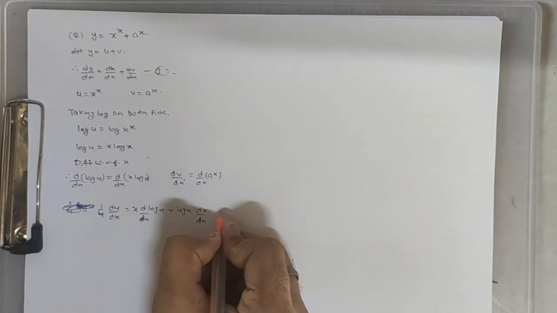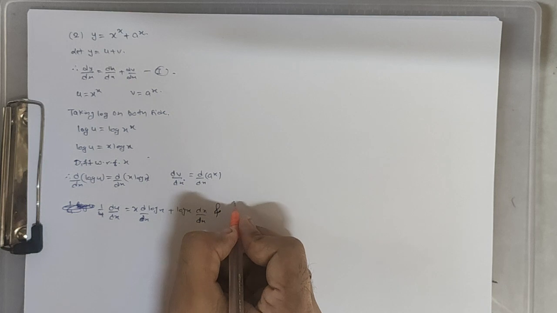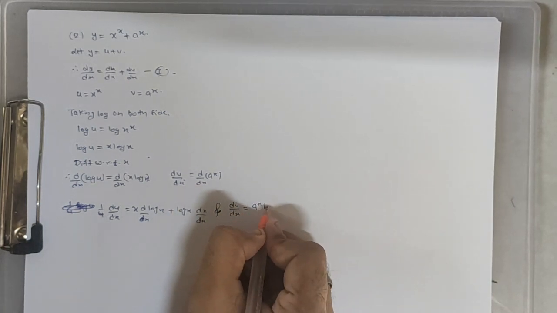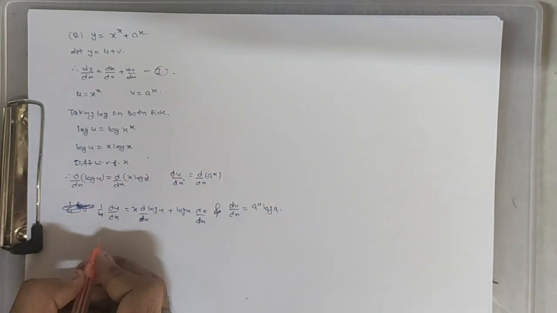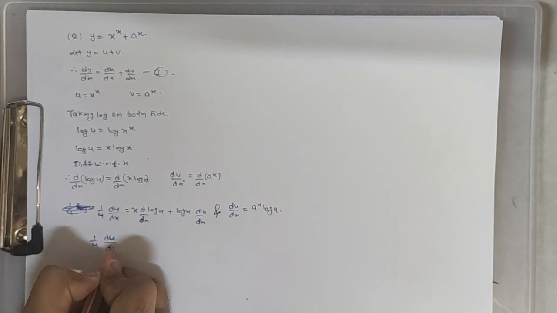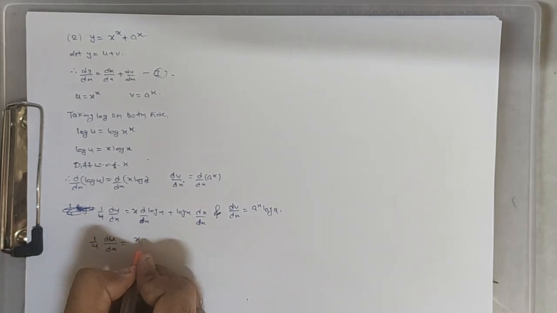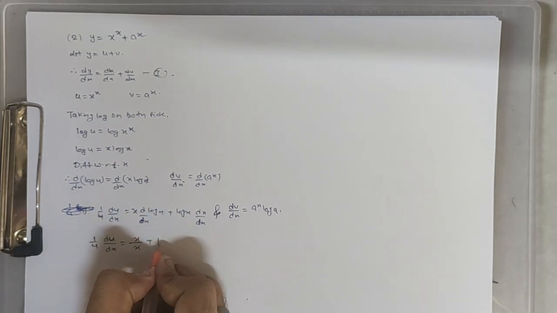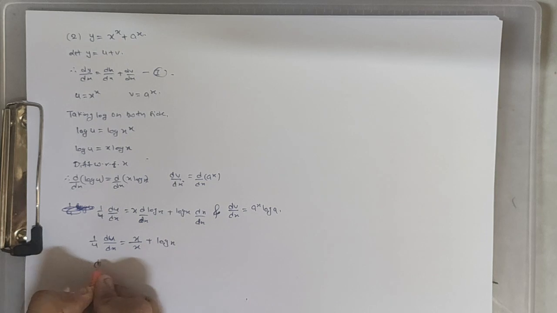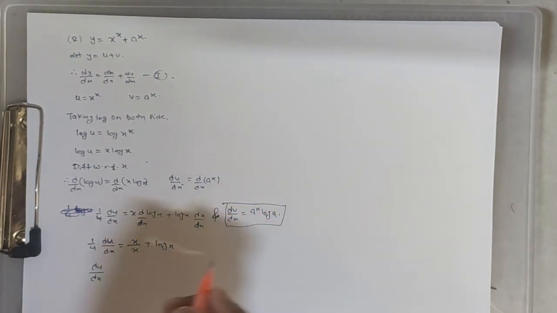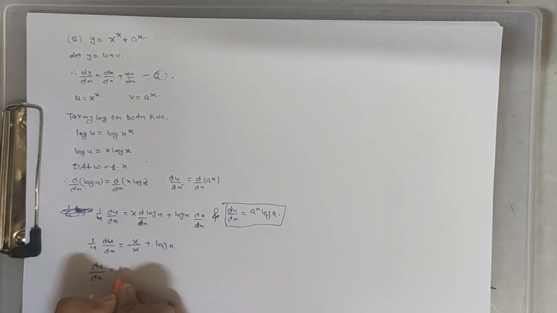And here differentiation of v with respect to x will be e raised to x log a. So this will become 1 upon u du upon dx is equal to x upon x, differentiation of log x is 1 by x, and plus log x. So du upon dx is equal to u into 1 plus log x.